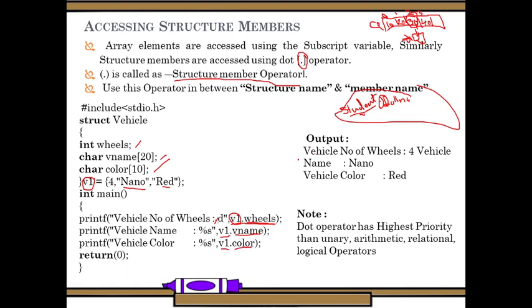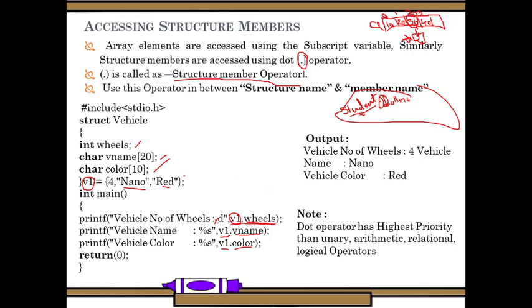Then the output will be: vehicle number of wheels are 4, and then name Nano, color red. This is the way you can access the member values.